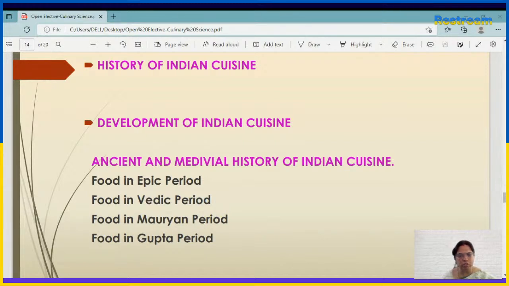Around 7,000 BCE, sesame and eggplant, that is the brinjal, had been domesticated in the Indus Valley civilization. Similarly, in the Vedic period, agriculture was complemented with game hunting and products from the forest. The normal diet consisted of fruits, vegetables, dairy products, and honey.